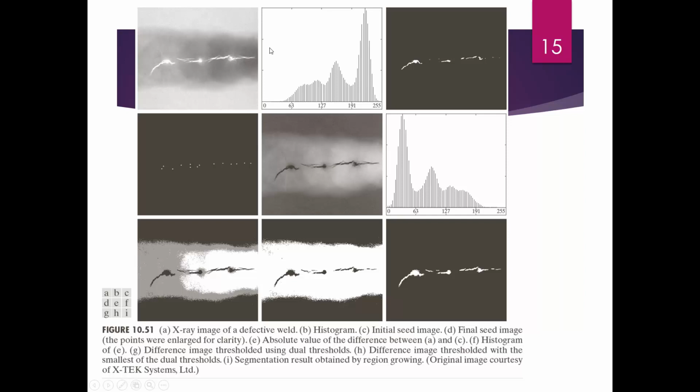This figure B is the corresponding threshold image. As we can see, the higher intensity values are closer to 255. So now we are going to choose a pixel intensity value for the thresholding operation to select the seed point.